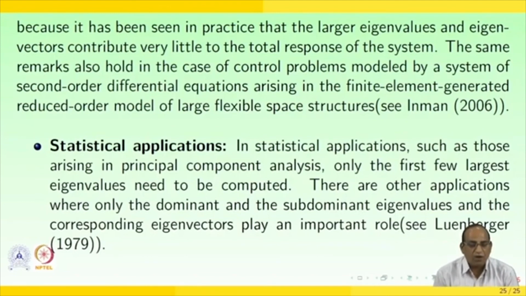The same remarks also hold in the case of damped systems modeled by a system of second order differential equations arising in the finite element method and reduced to algebraic equations. Similarly, in statistical applications such as principal component analysis, only the first few largest eigenvalues need to be computed. There are other applications where only the dominant and subdominant eigenvalues and the corresponding eigenvectors are required.